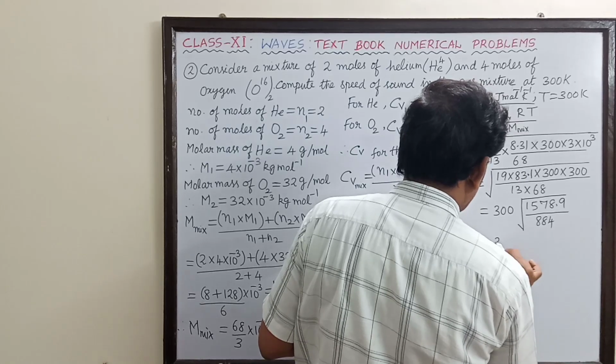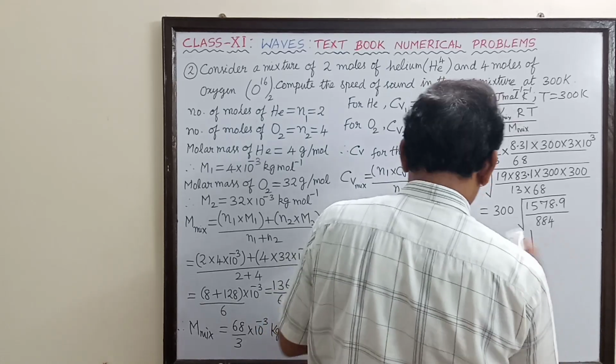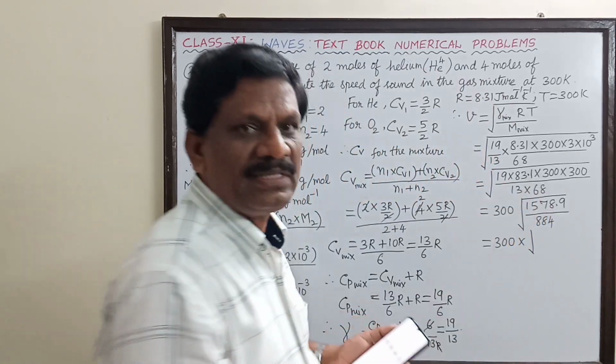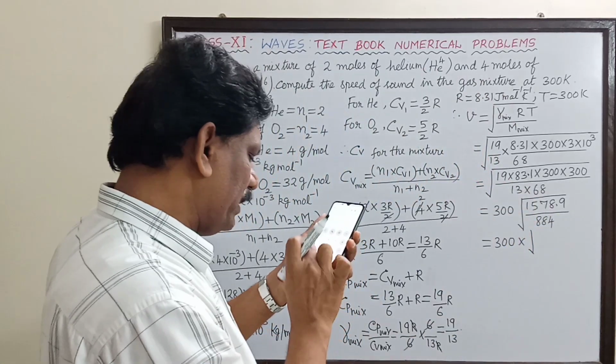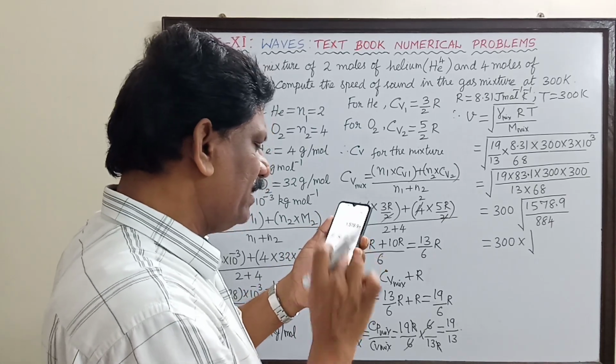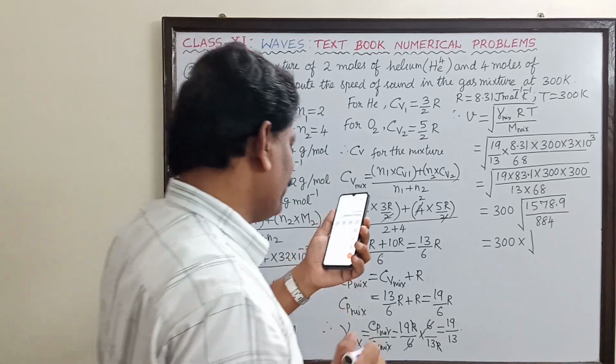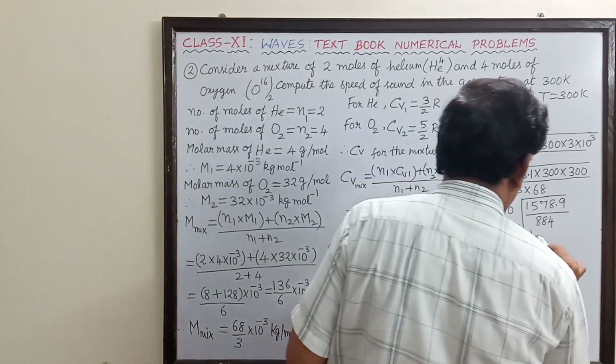So this is equal to 300 into square root of. We have to find the ratio, is it not? 1578.9 divided by 884. So this is coming as 1.786.